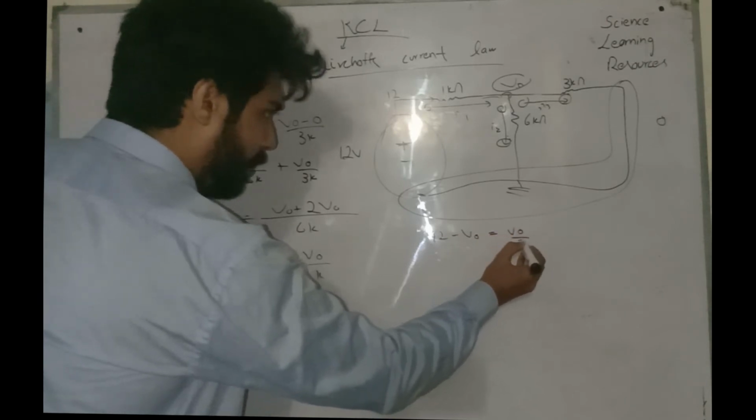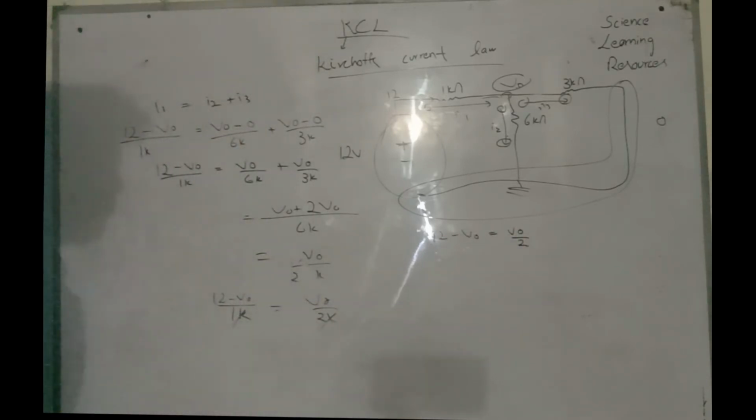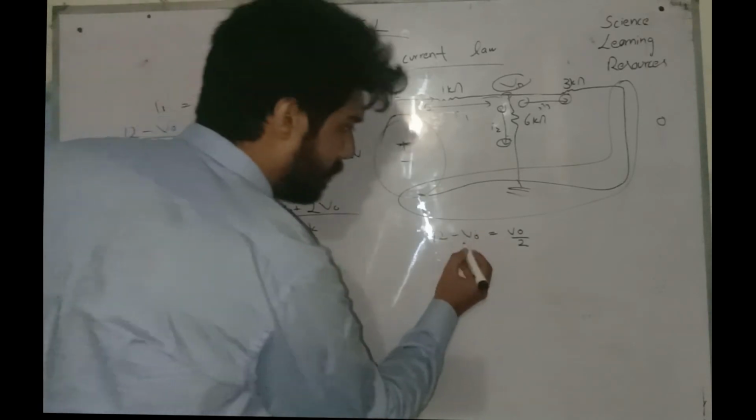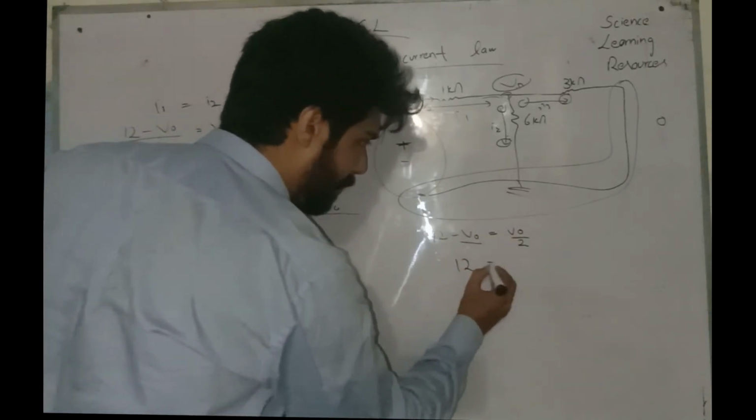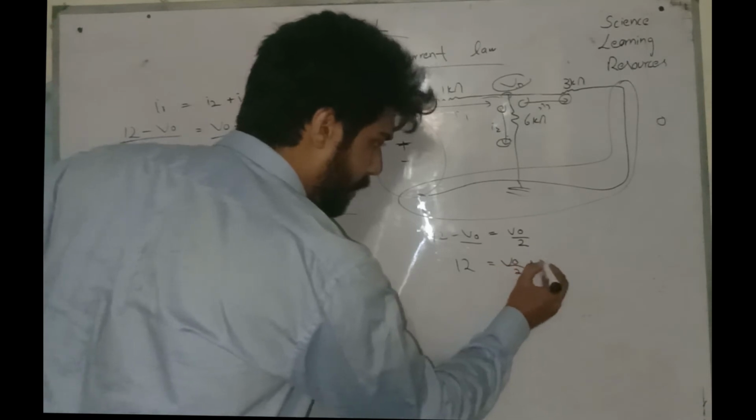V naught by 2. So from here I have to bring this V naught to here, then 12 equals V naught by 2 plus V naught.